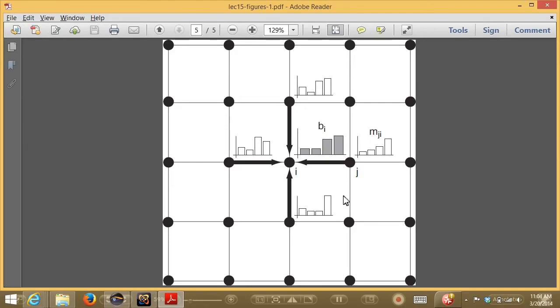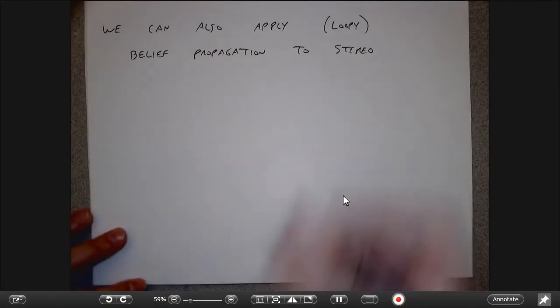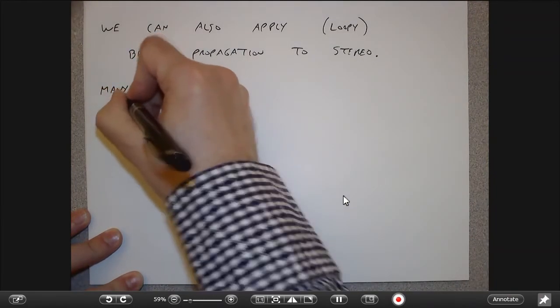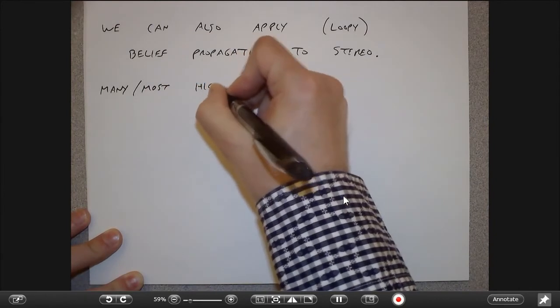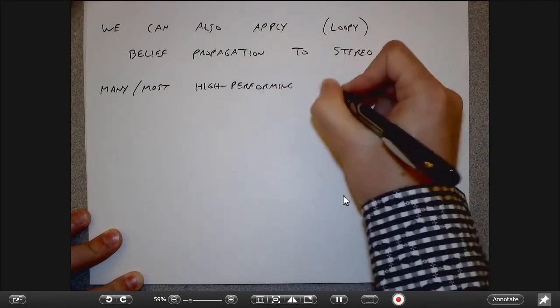The message passing algorithm that would need to happen to map onto stereo is outlined in the book, in terms of what these messages actually are and how you combine them. So I'm not going to say anything more about that other than the fact that we can do this, and I would hazard a guess that many, if not most, high-performing stereo algorithms use one of these approaches.